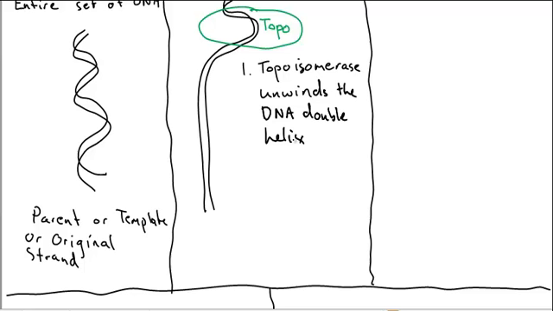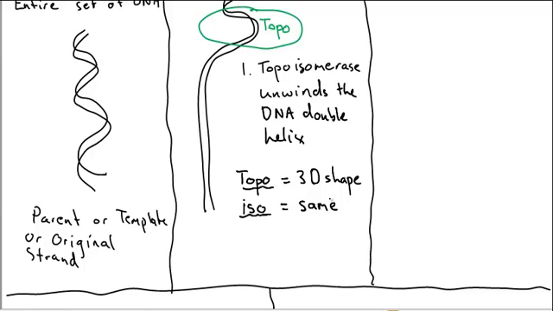Now, it's called topoisomerase. That seems like a really difficult name, but topo refers to topography, which means its 3D shape. Think of topographical maps showing hills and valleys and all of that. Iso, well, think of isosceles triangle. Has 2 sides that are, that's right, same. Iso means same. Isomers are things that are chemically the same but have a change in their 3D shape.